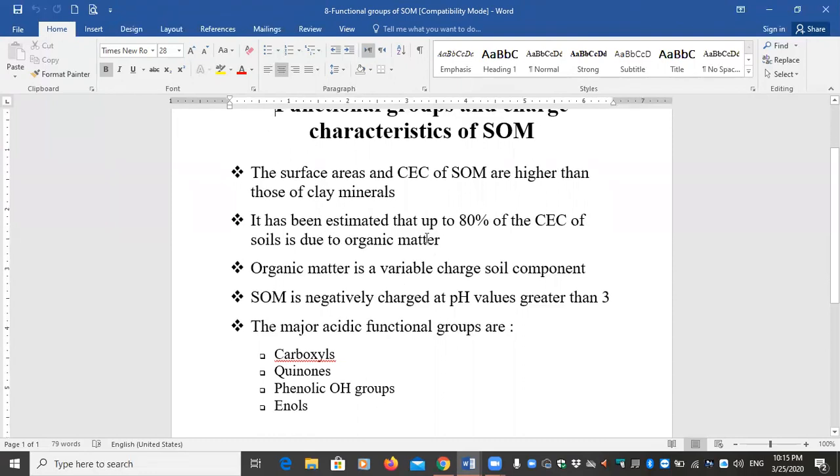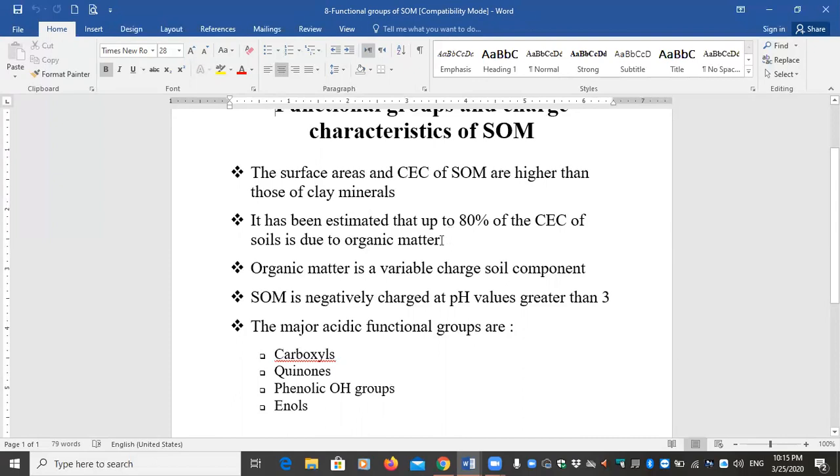It has been estimated that up to 80% of the cation exchange capacity of soils is due to organic matter. Can you imagine? Although it's in small amounts in the soil, most soils never exceed about 5%. In Jordan, around 1% or less.